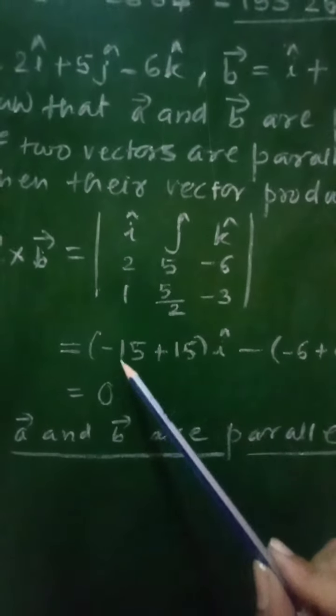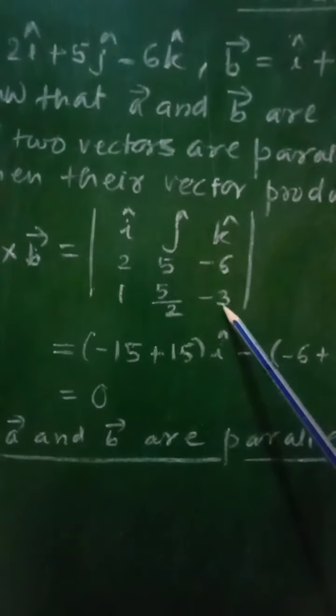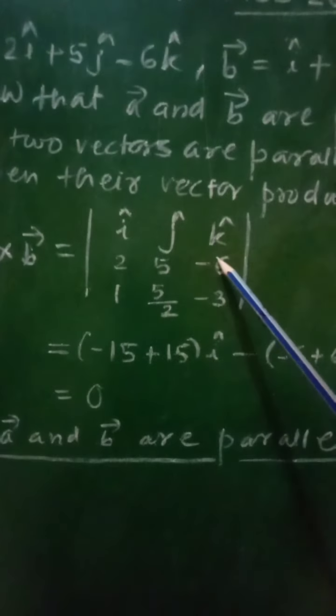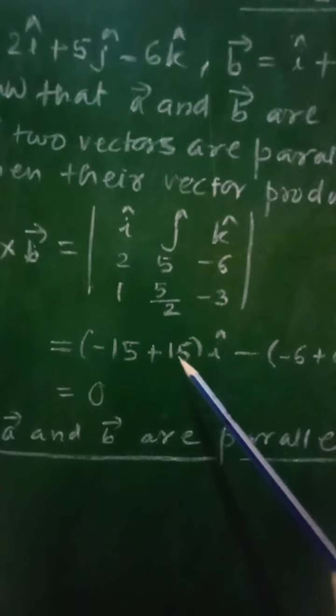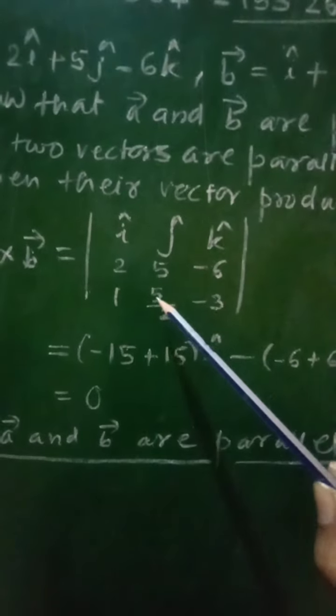Solving this, we will get i cap, this i cap into 5 into minus 3, that is minus 15, minus 5 by 2 into minus 6, which comes out to be plus 15. So i cap into product of these two minus product of these two. So this will be minus 15 plus 15 i cap.